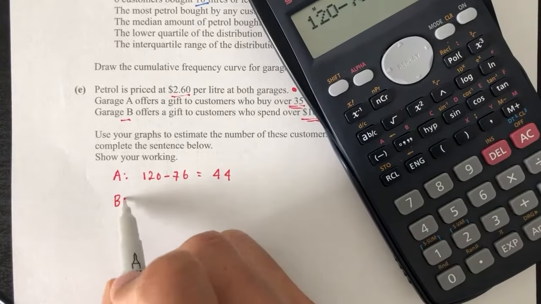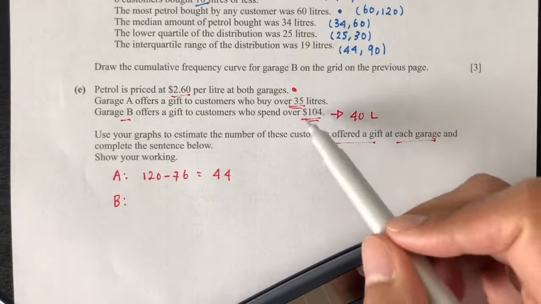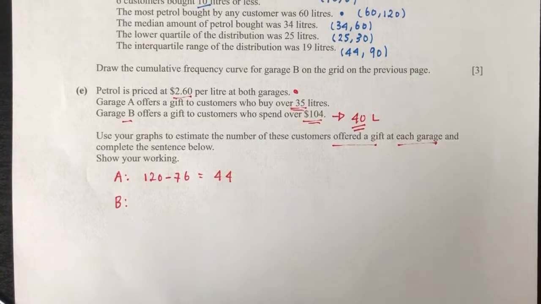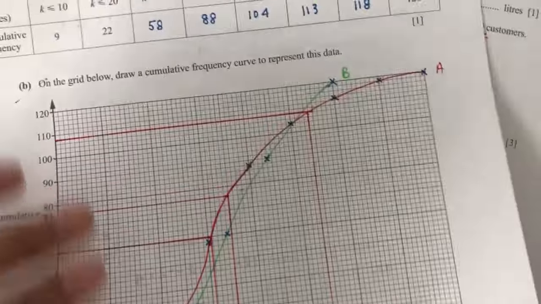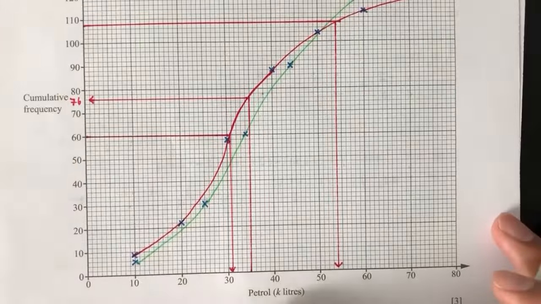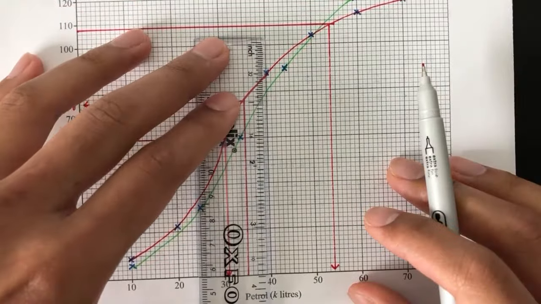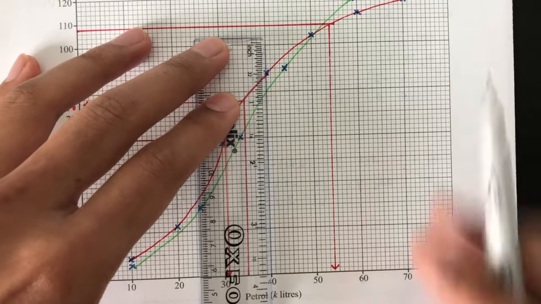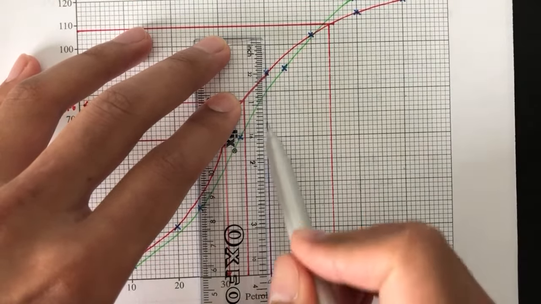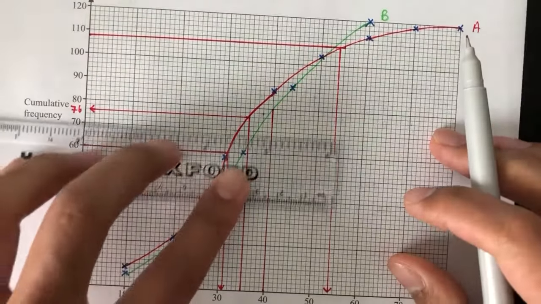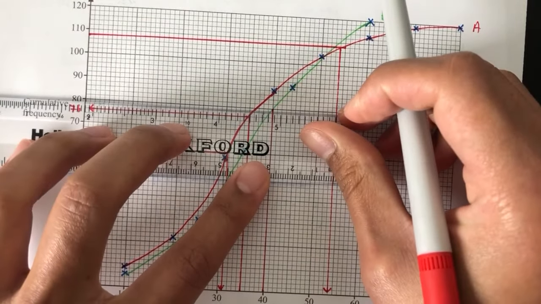Now for Garage B, we have to find who bought more than 40 liters. Same technique, you go to your graph. 40 will be on this line. So let's intersect the green curve for Garage B. It will be here, and the corresponding value will be 80.